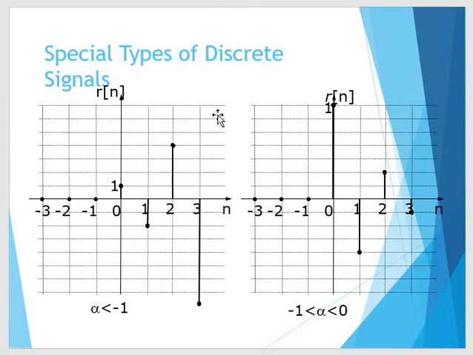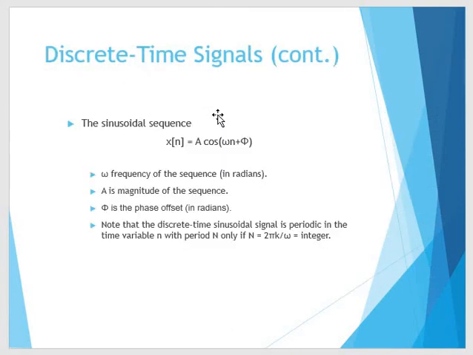Okay, the next signal is our sinusoidal signal. A sinusoidal signal is given as x[n] equals A cos(omega n plus phi), or A cos(omega n plus theta), anything. This x[n] equals A cos(omega n plus phi) is a cosinusoidal signal.